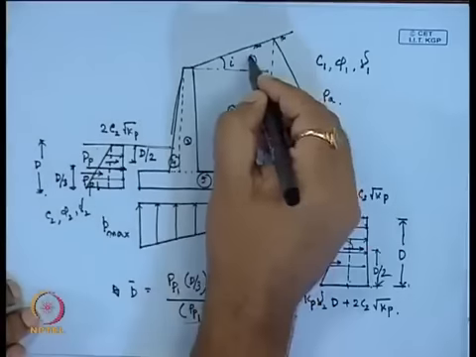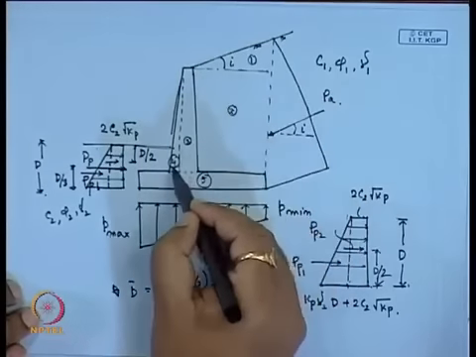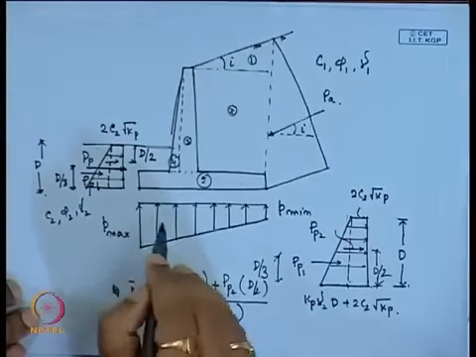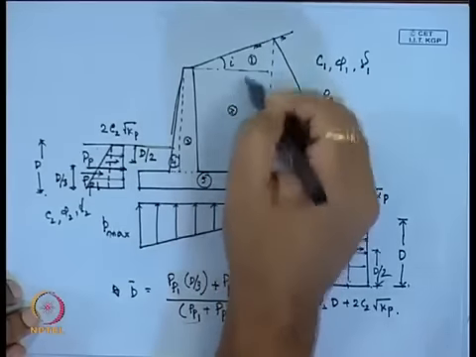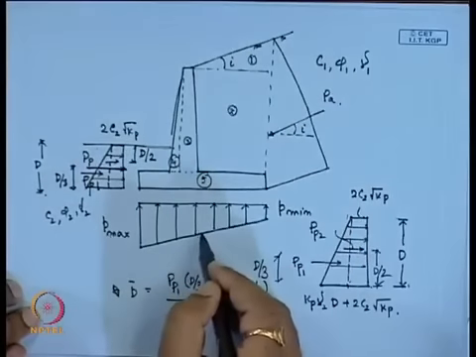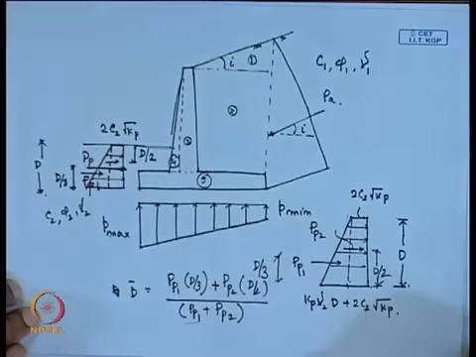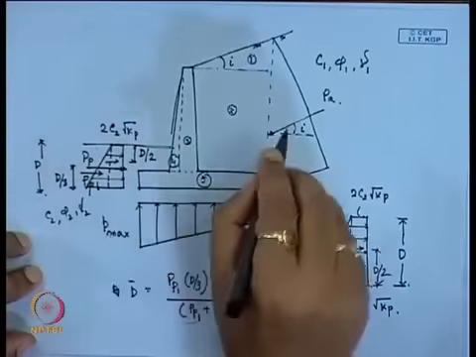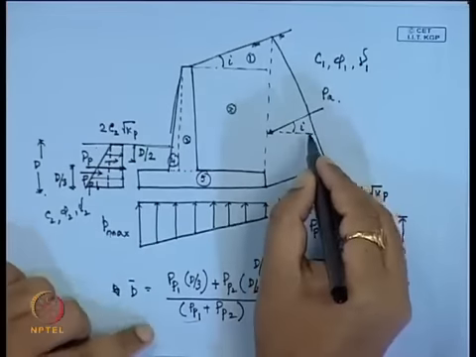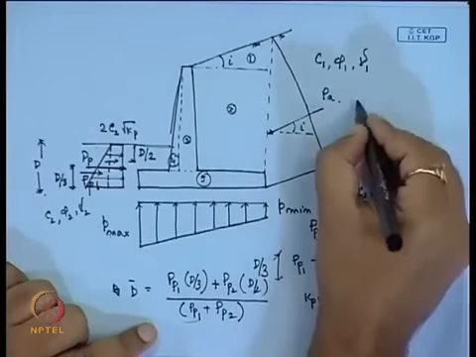We divide all these sections and separately determine the weight of every section, and then finally we can determine the factor of safety against sliding, overturning, bearing capacity and all those things.